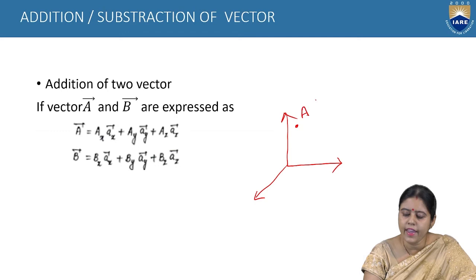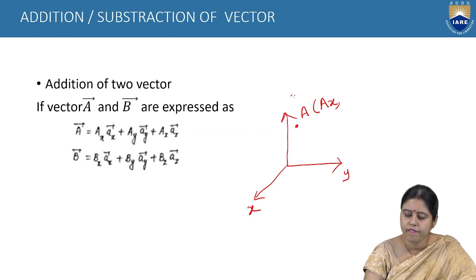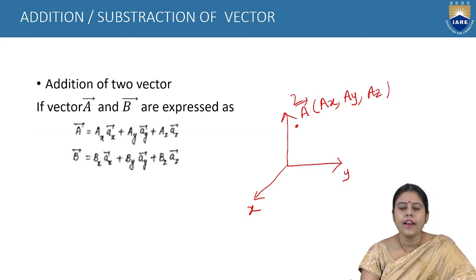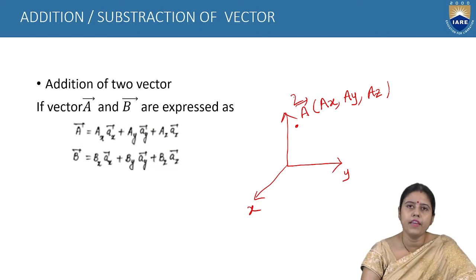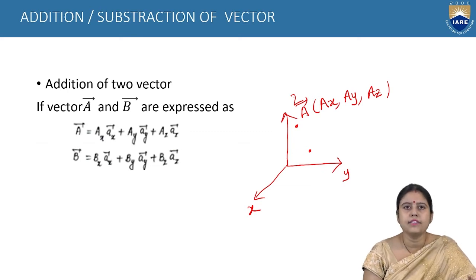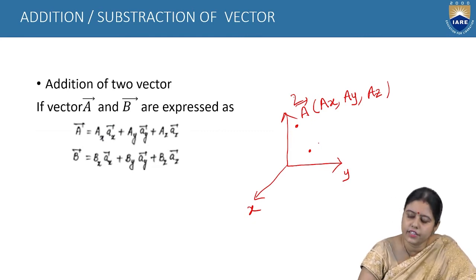This is our A. A has 3 magnitudes: in X direction AX, in Y direction AY and Z direction AZ. And we have another vector B. The magnitudes of B we are assuming BX in X direction, BY in Y direction, and BZ in Z direction.